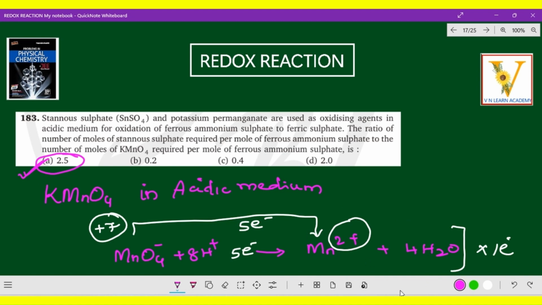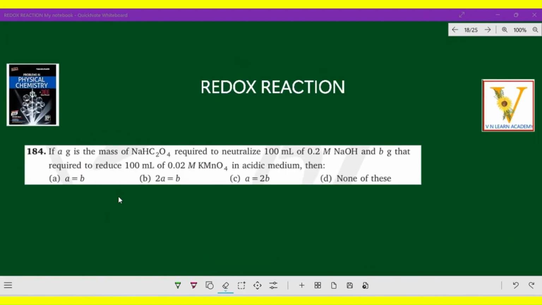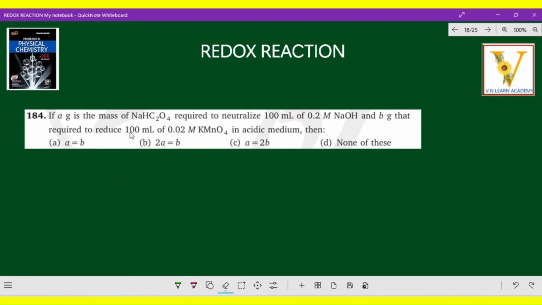Yes, come on, let's go to the next question. If A gram is the mass of sodium bioxalate required to neutralize 100 ml of 0.2 M sodium hydroxide, and B gram is that required to reduce 100 ml of 0.02 M KMnO4 in acidic medium. So that is actually an A and B comparison question.